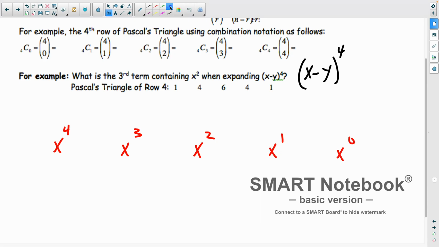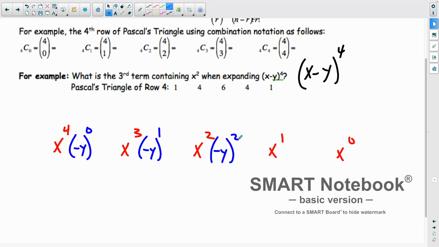Now, what's different about this problem than the other ones we've done? There is a second term, a negative. It's negative y. So I would have negative y to the 0, negative y to the 1st. Now, could I have just skipped right to this one and just said, I know y's got to be 2?